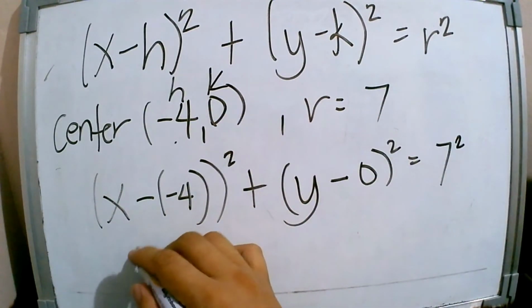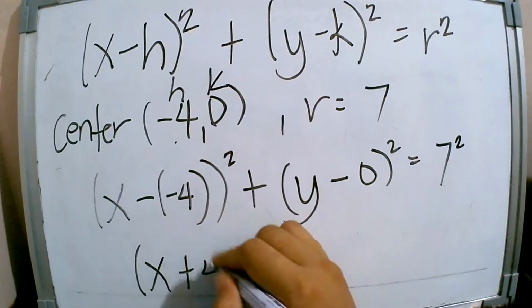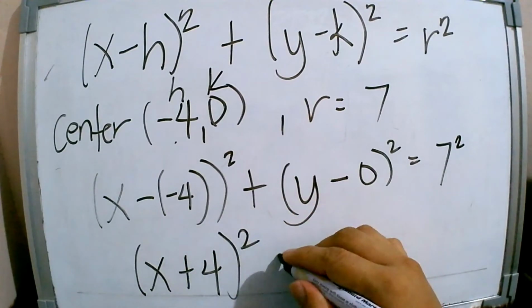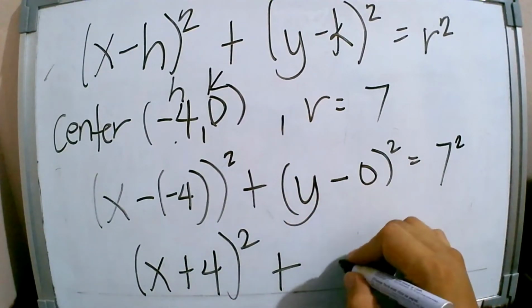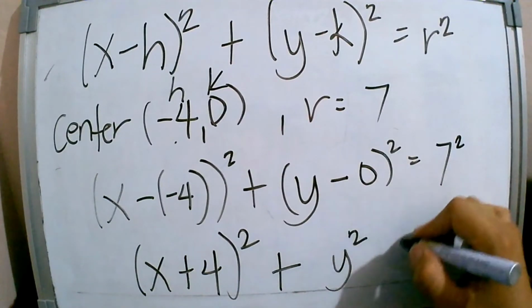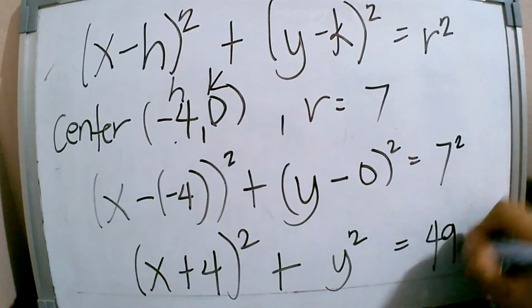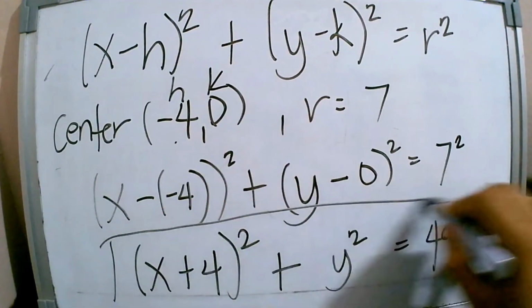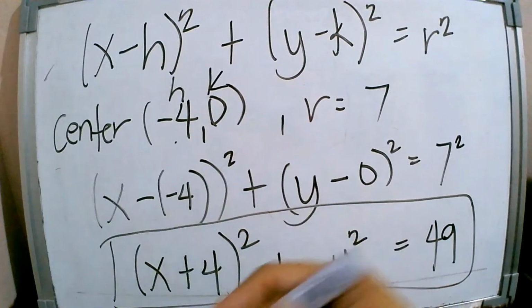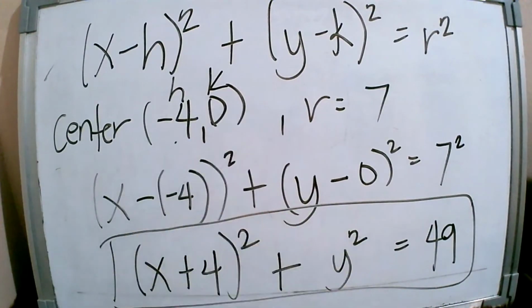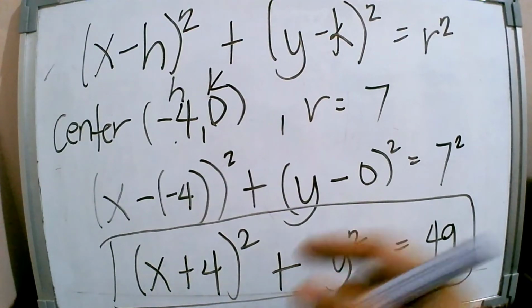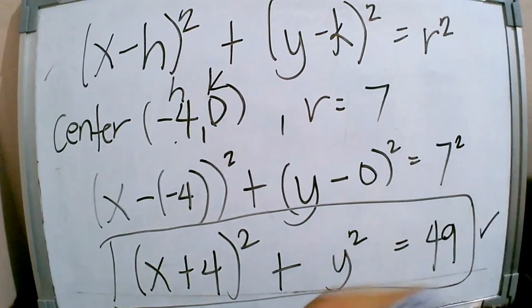So our answer will be the quantity x plus 4 squared plus y squared is equal to 7 squared, which is 49. So the standard form of the equation having a center at -4 and 0 and radius 7 is the quantity x plus 4 squared plus y squared is equal to 49. So that is the standard form of the equation.